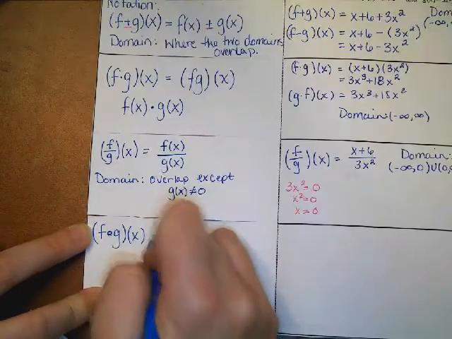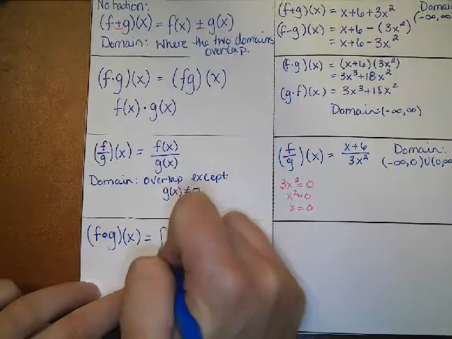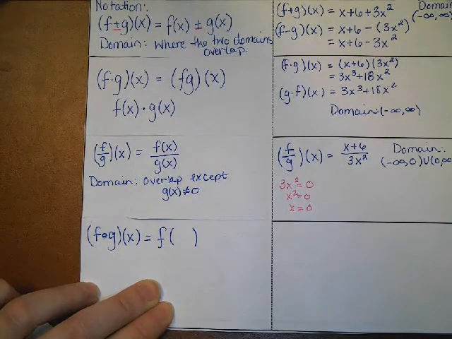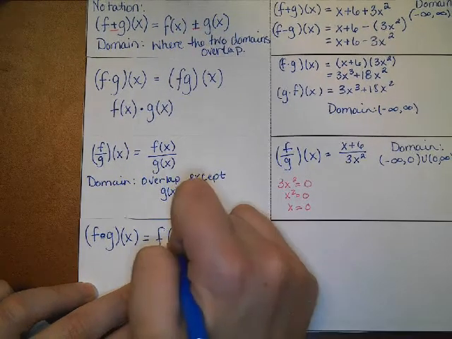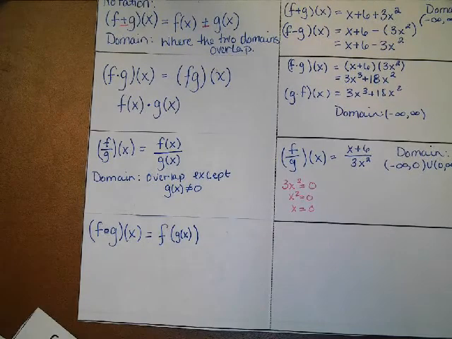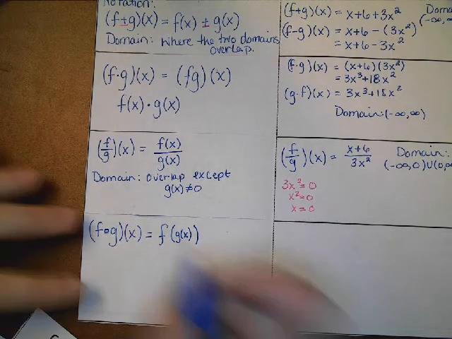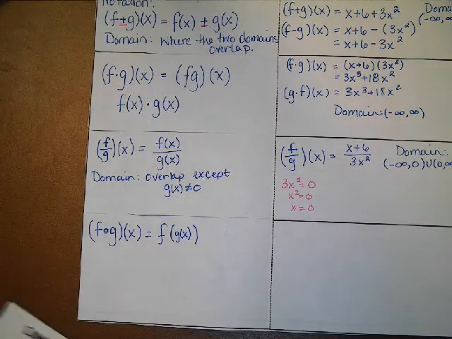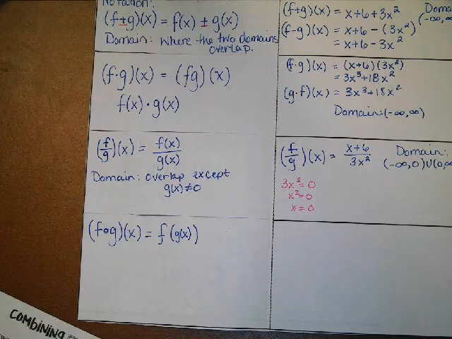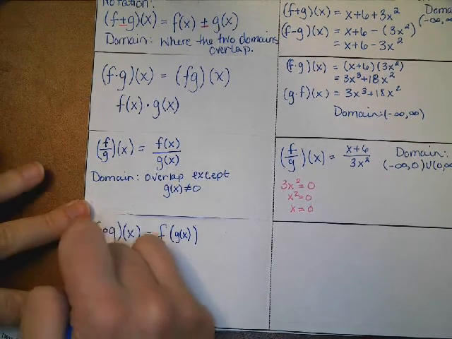Okay? And this is F composed with G of X. What it means is you take F, but in place of the X's, you put G of X. So sometimes you see this written. That's F composed with G of X. Now it is not the same as G composed with F of X. And it's not multiplication. Okay, so don't multiply them.